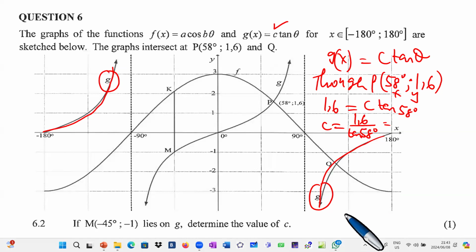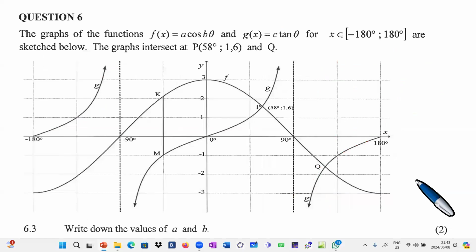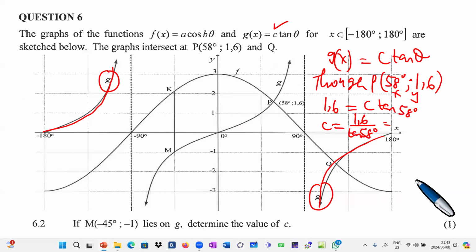Okay, now a couple of things remain very important for us to take into account. You need to divide the two.